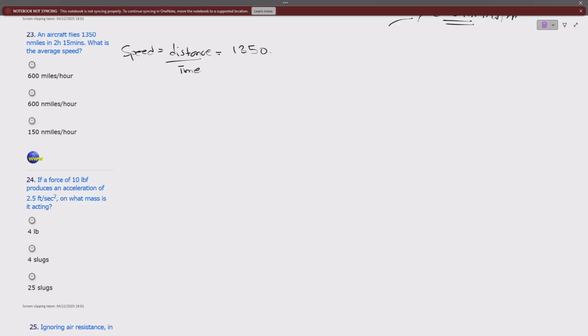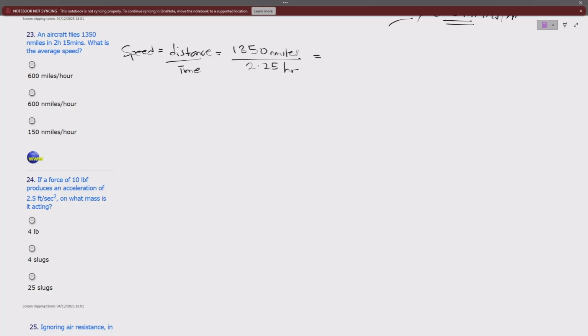Please take note of the units, nautical miles, divided by time. The time is supposed to be in hours, so we have 2.25 hours.